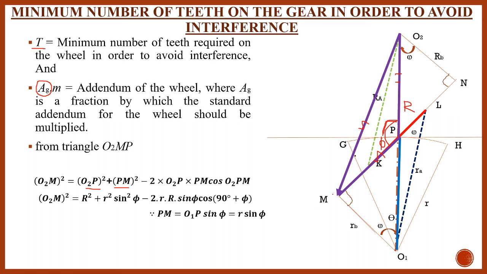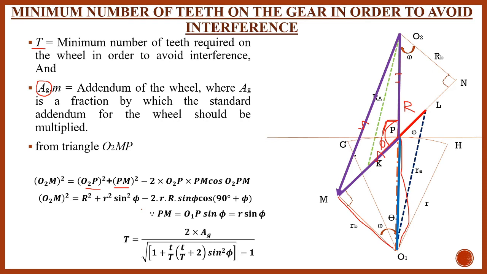Just consider this right angle triangle to find out this PM. In this right angle triangle O1PM, this is the right angle, and PM is equal to small r sin phi. By putting all these values, just like your previous condition of pinion, you will get this equation.